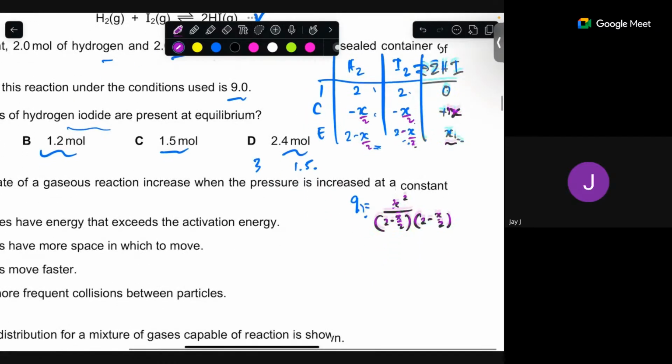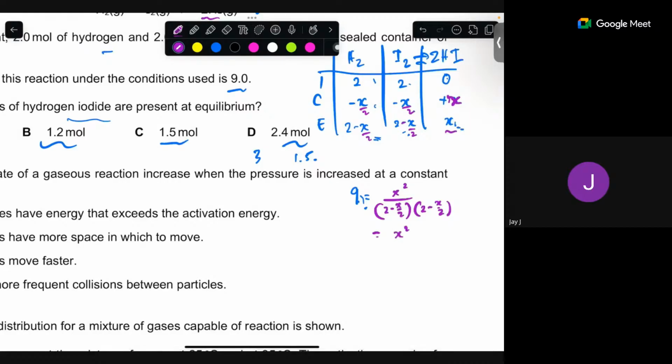Help me to calculate this. This is going to be 4 over 2, 4 minus X over 2, 4 minus X over 2, 9.